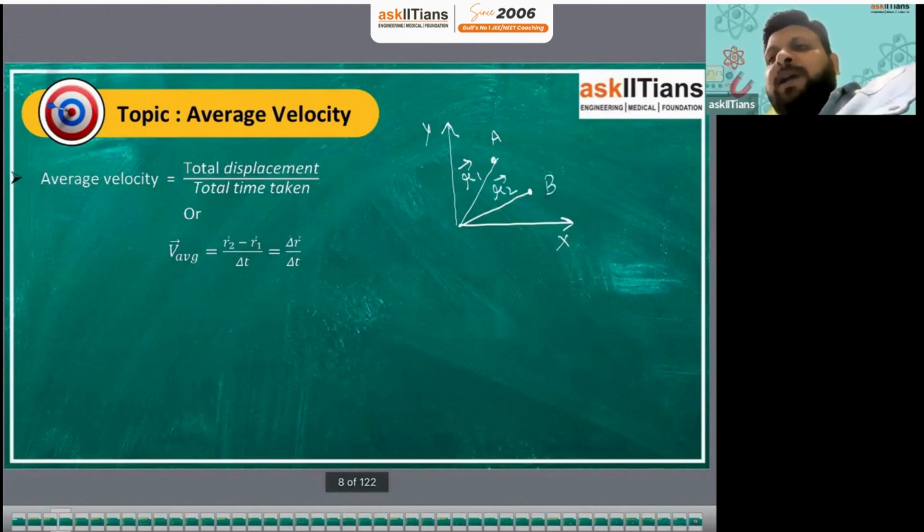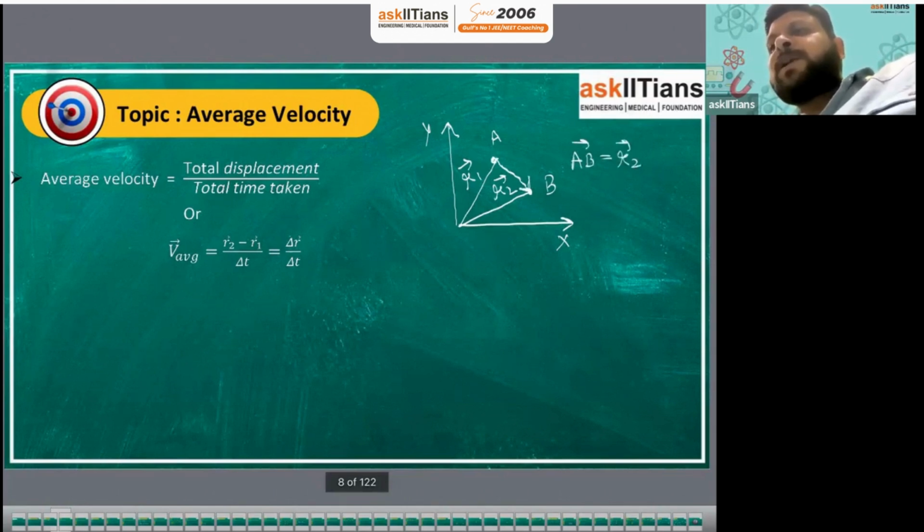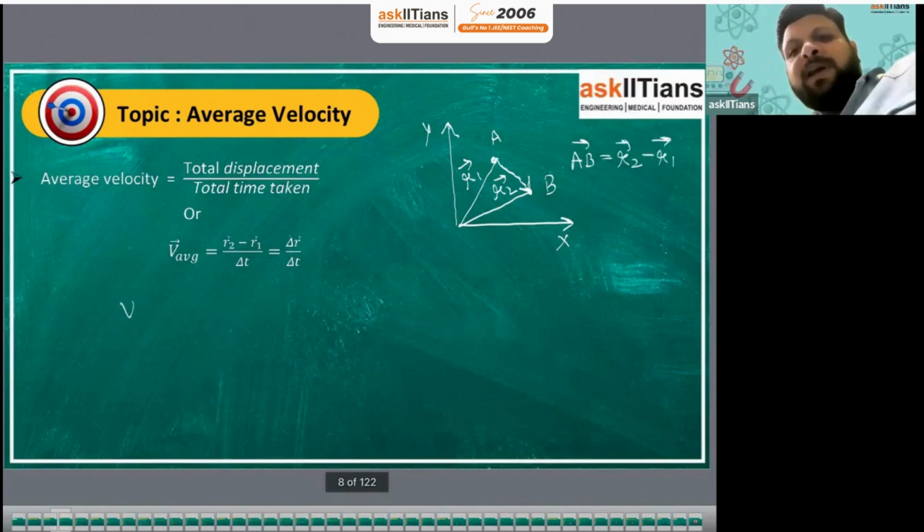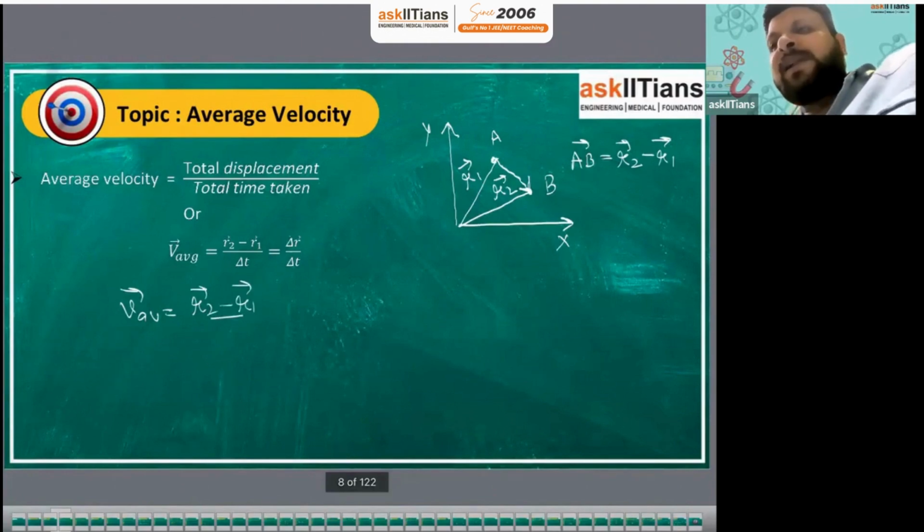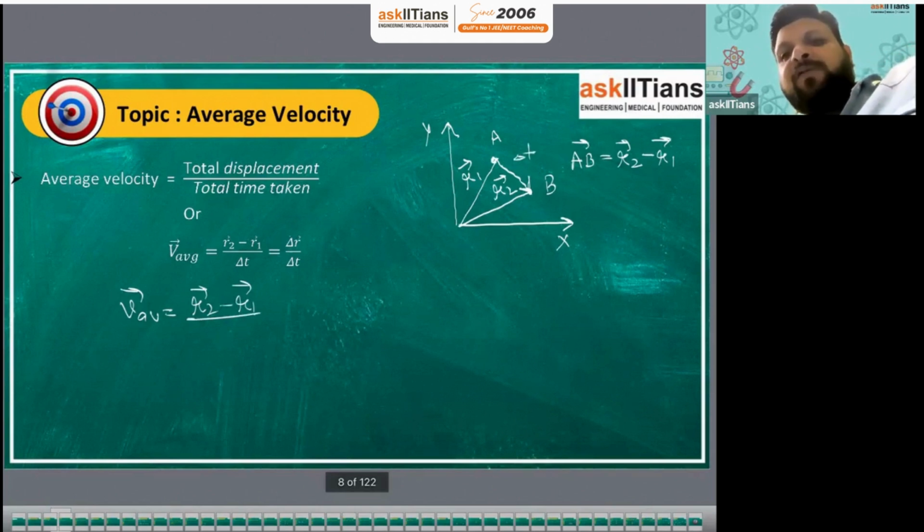So actually now the displacement will be AB vector, and this AB vector will be R2 vector minus R1 vector, right? So here average velocity will be equal to R2 vector minus R1 vector, means net displacement, and it is during time delta t, so divided by delta t. This will be your average velocity. Fine.